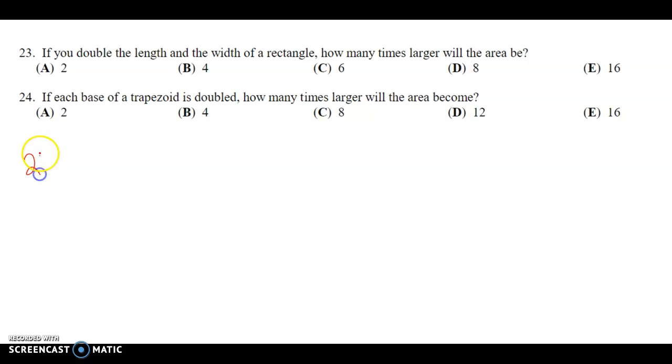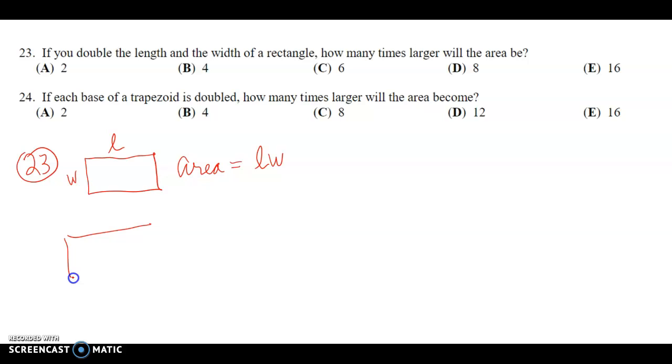Okay, so for number 23, we're told if you double the length and width of a rectangle, how many times larger will the area be? So let's look at a rectangle with width W and length L, and we know the area is L times W. Now I have a little bit more room here, but nothing's being drawn to dimension.